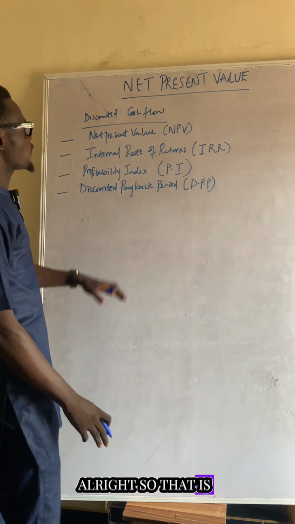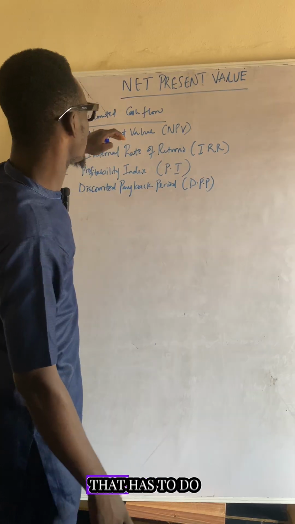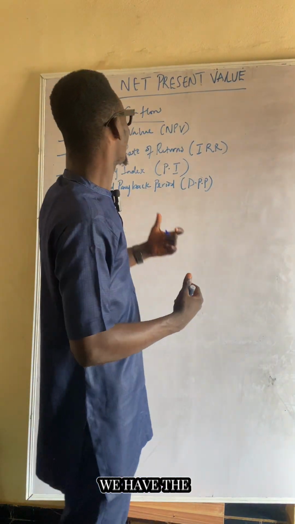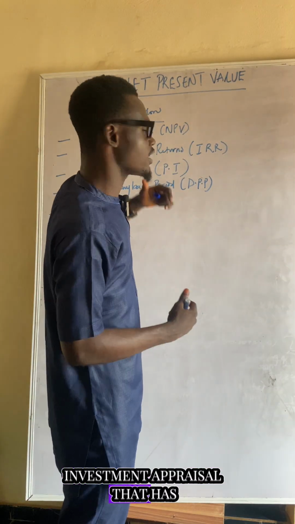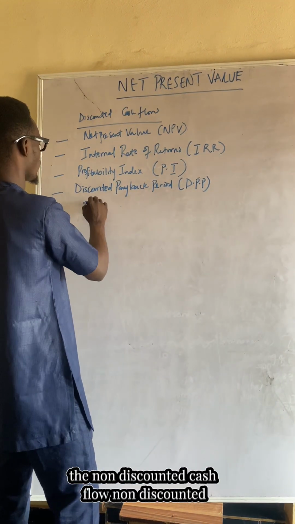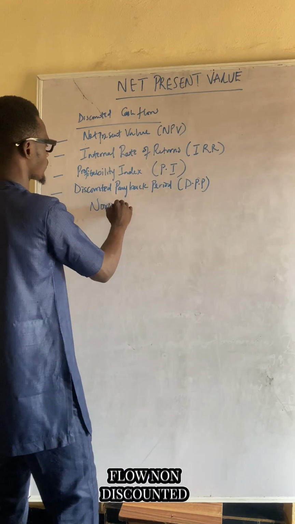So that is for the investment appraisal that has to do with the discounted cash flow. However, we have the investment appraisal that has to do with non-discounted cash flow methods. I'm going to list them out.